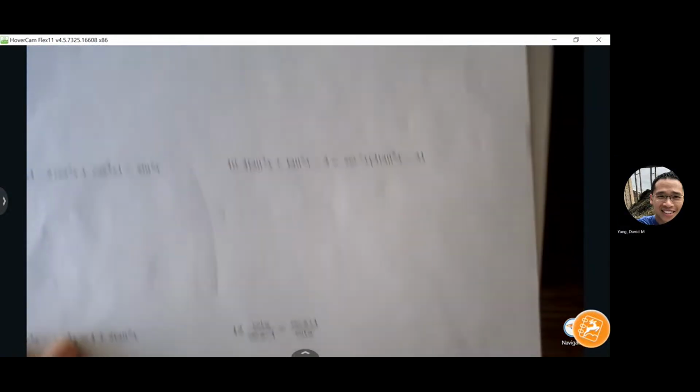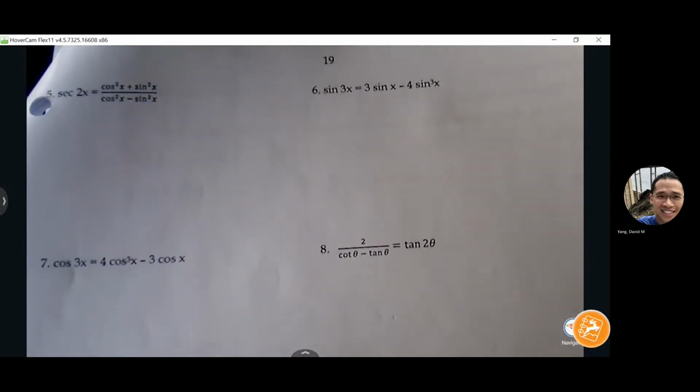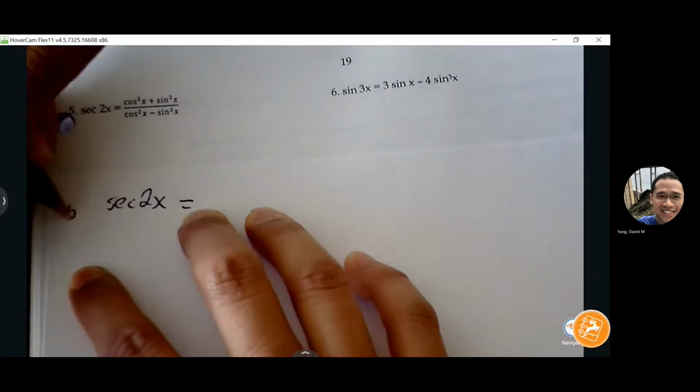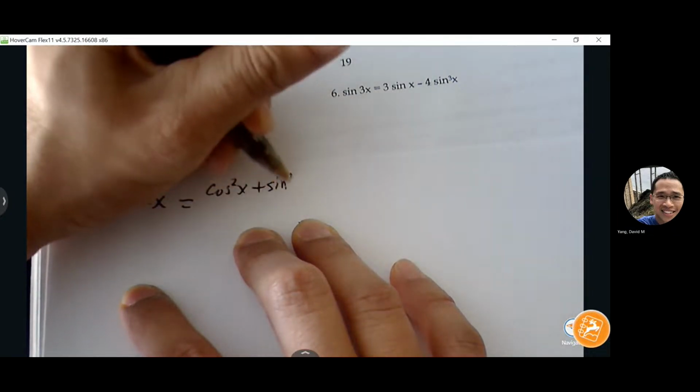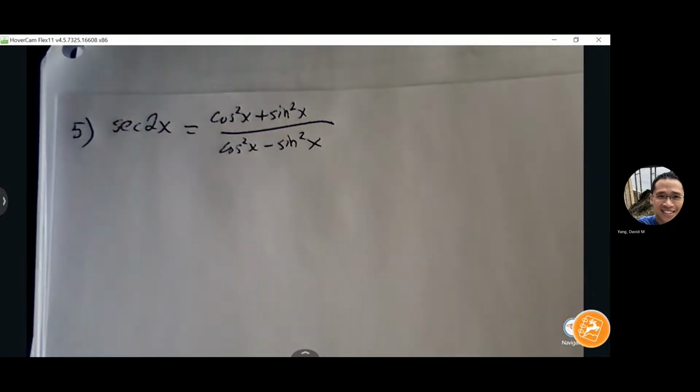All right, page 19. Okay, number 5. All right, secant of 2x.